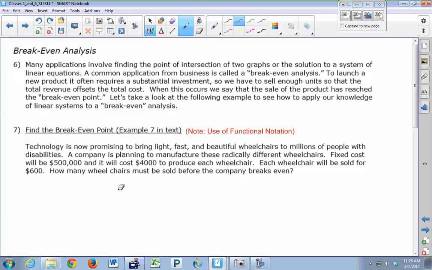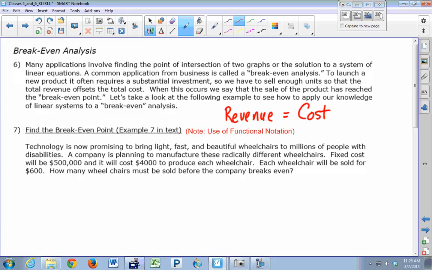So break even is literally the number of units you have to sell where your revenue and cost are equal. No profit, no money in the hole, no money, where I'm on Wall Street now, I'm the wolf and I can throw money around. No, I didn't see that movie, but I've heard about it. So anyway, with a break-even analysis, you're looking for where your revenue is equal to your cost.